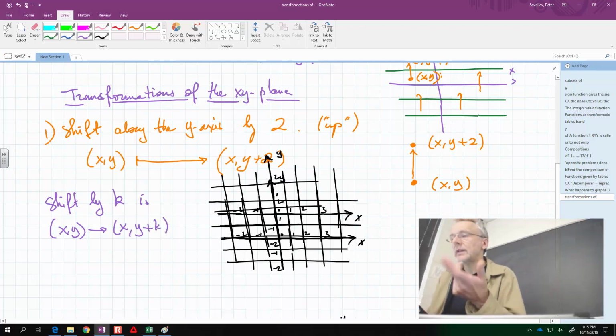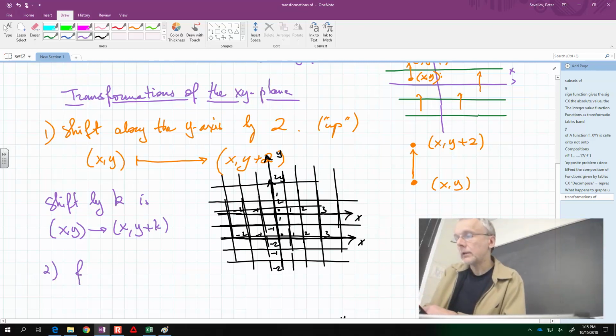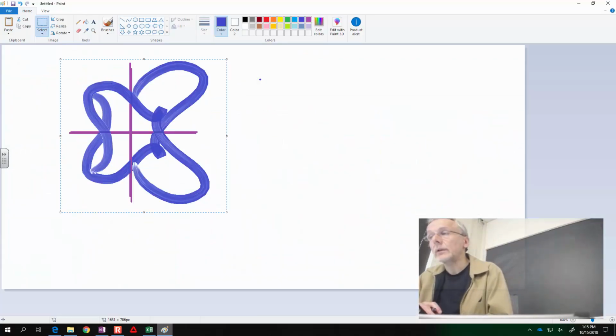When k is negative, you are moving down. The second one is the flip. If you look carefully, what is the more precise description of the flip? More precise, I mean, a flip about what?